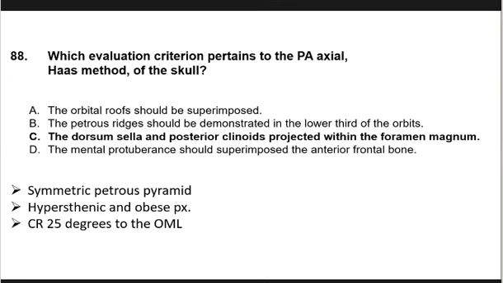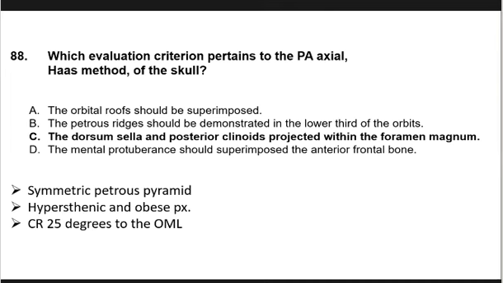Is that the dorsum sella and the posterior clinoid process is projected within the foramen magnum. No? So, ang dorsum sella and the posterior clinoid process are projected within the foramen magnum in HAAS method or in the PAHL projection of the skull.